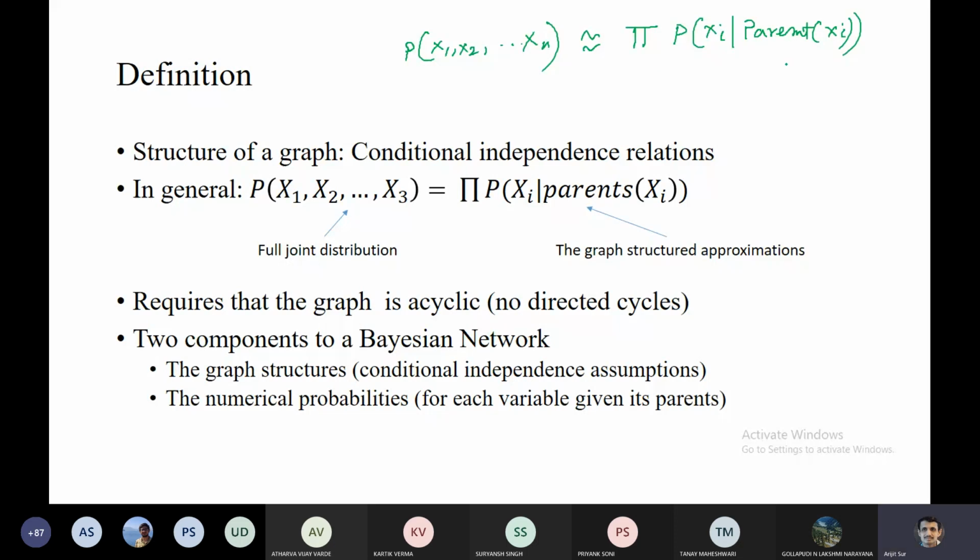This is the graph structure, and it requires the graph to be acyclic, with no directed cycles.